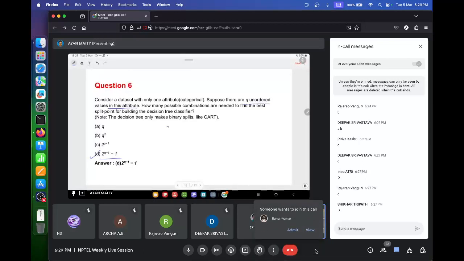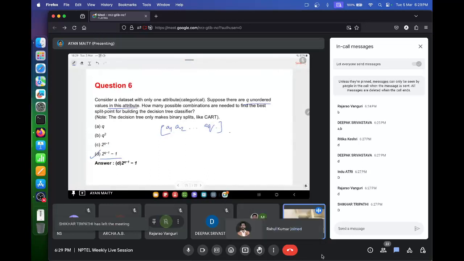So if the values are a1, a2, a3 to aq, this is the set we have, and we have to split this single set into two sets. So this can be done using permutations and combinations. This can be NC0, NC1 up to NCq. We can use this combination value.